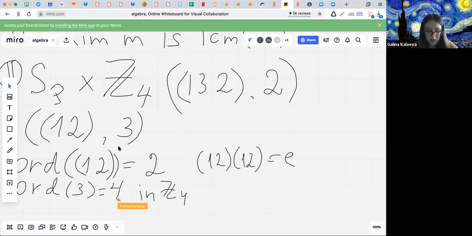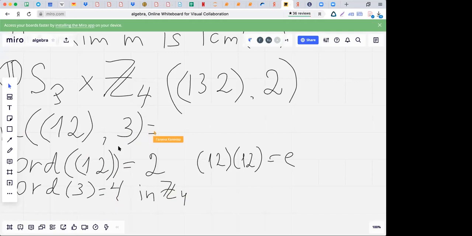Here we have that the order of this element is the least common multiple, and it's 4, right?